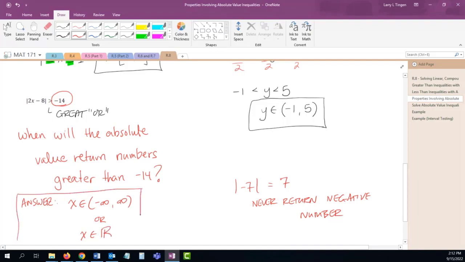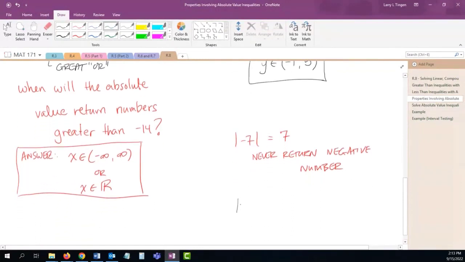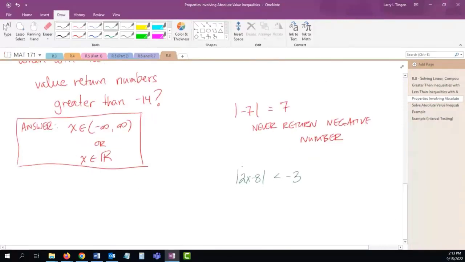Okay. The reason this is the answer is because they ask us what are the x values such that this is true. And what they want to know is when is the absolute value going to return something greater than -14? What if I change the problem to say, when is 2x minus 8 going to return something less than -3?